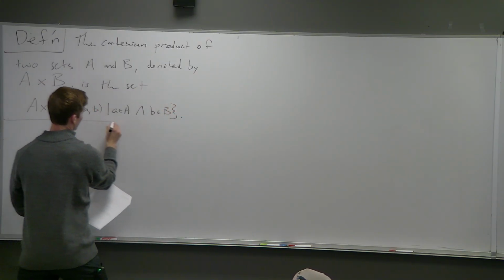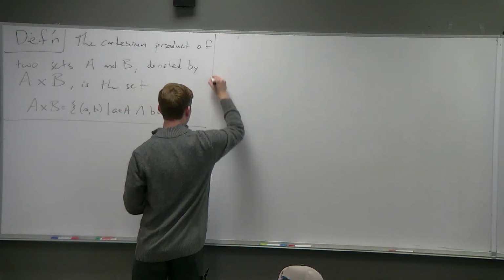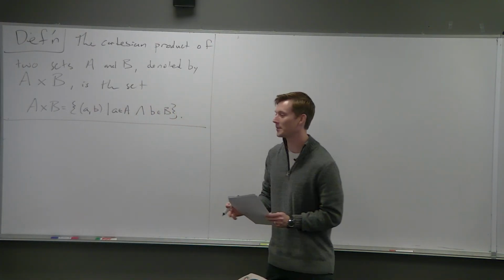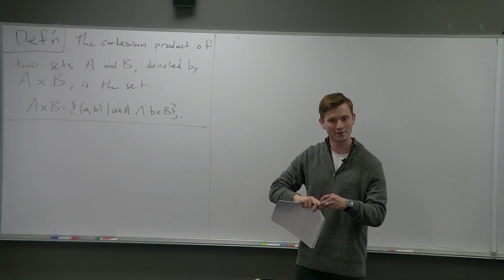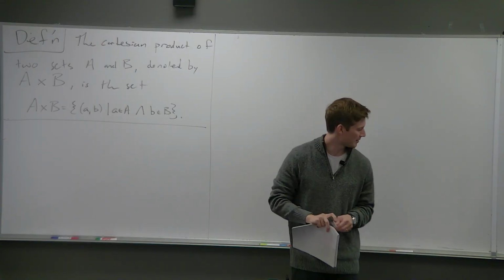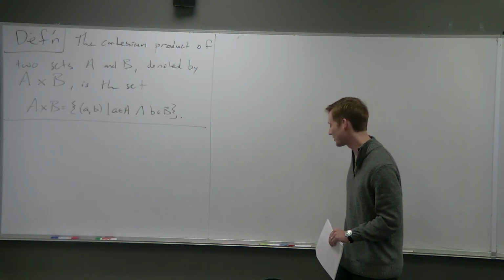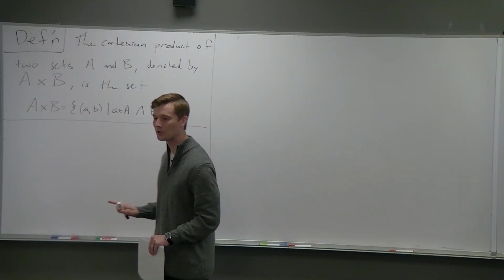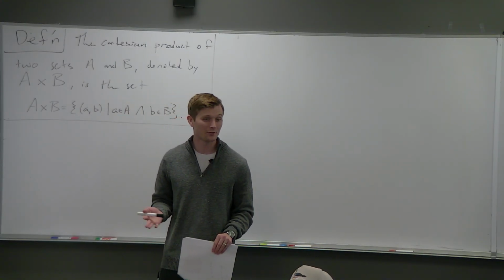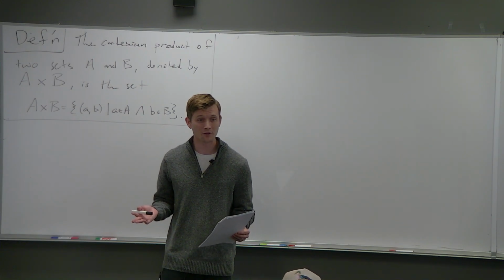Okay. So here we talked a little bit, the last time we talked about this, about how you would possibly encode an ordered pair, and we came up with some ideas for how you might do that. But ultimately, for the moment, you can just assume ordered pairs exist and work the way you think they do.